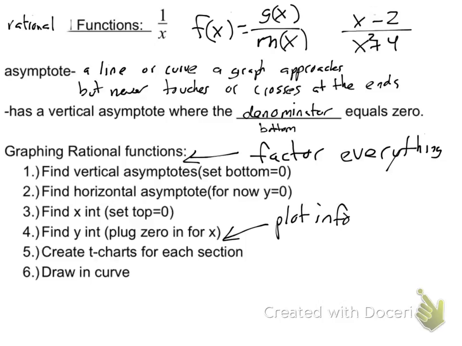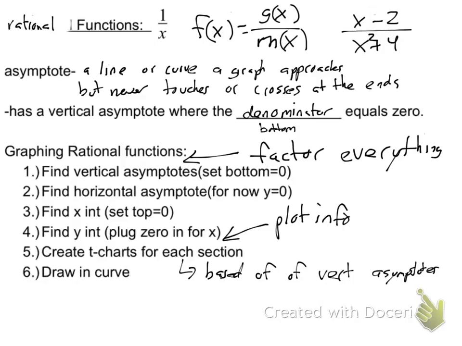Then, once we have all that plotted, we're going to make t-charts for sections. These sections are based off of vertical asymptotes.